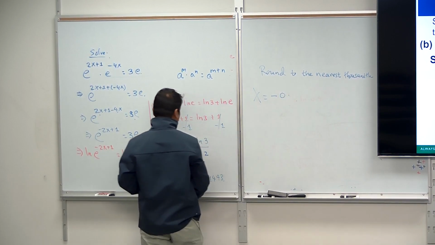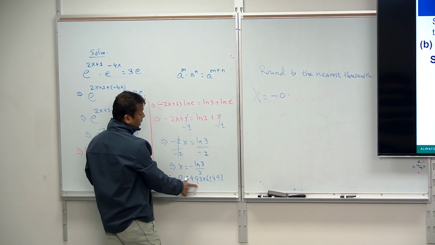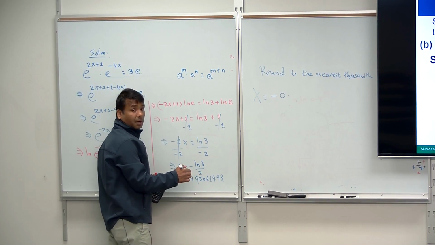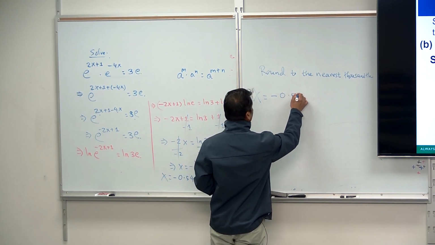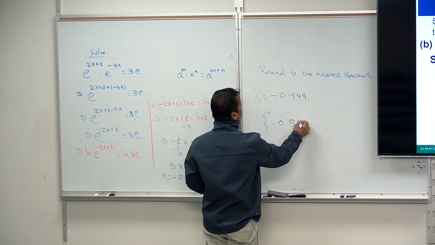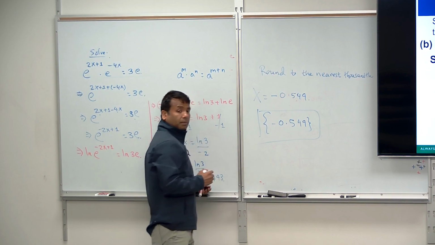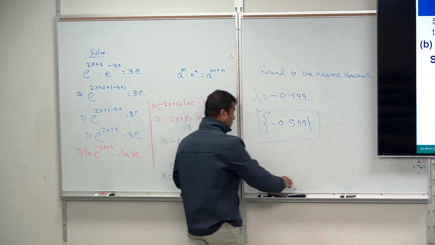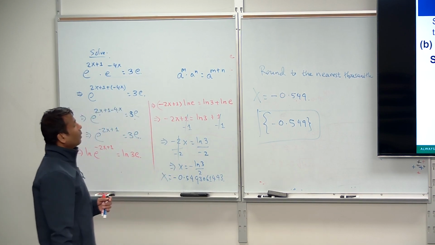Now if you round to the nearest thousandth, this is in the thousandth place, right? So you have a digit 3 which is less than 5, so you simply have x equal to negative 0.549. The solution is negative 0.549. You got it? Okay.